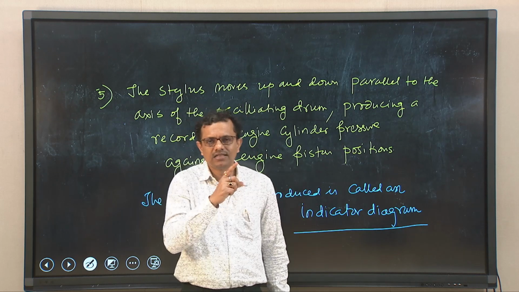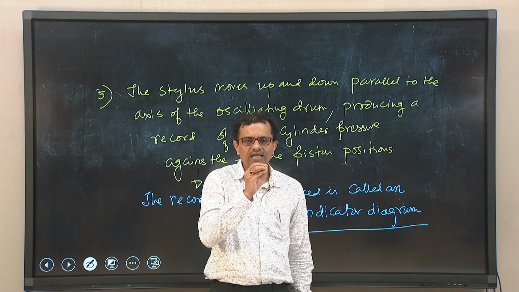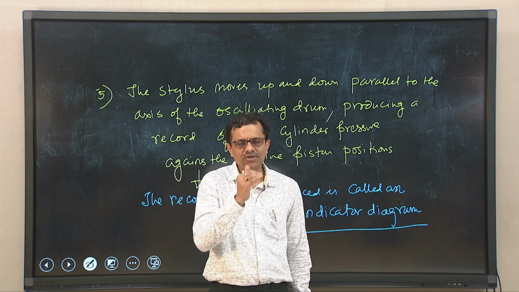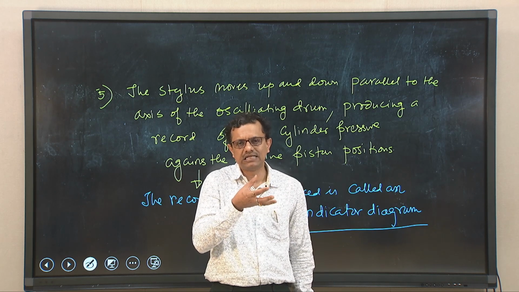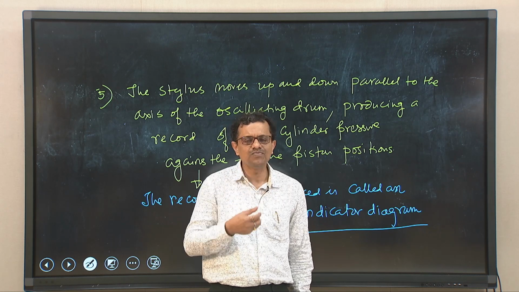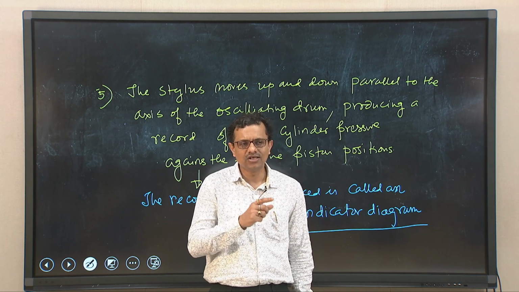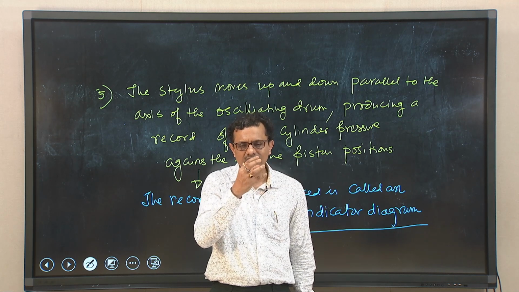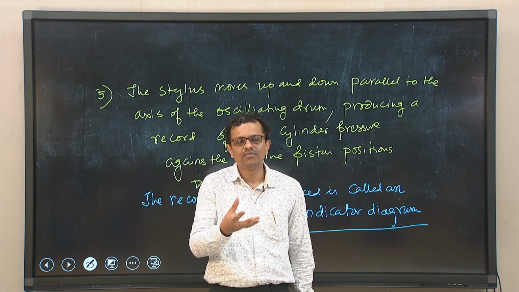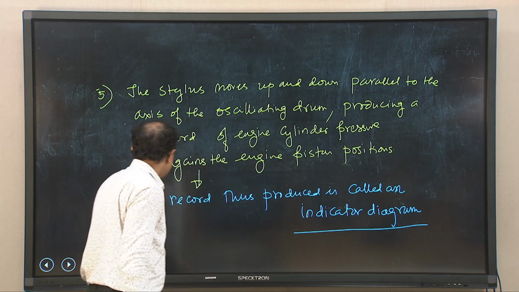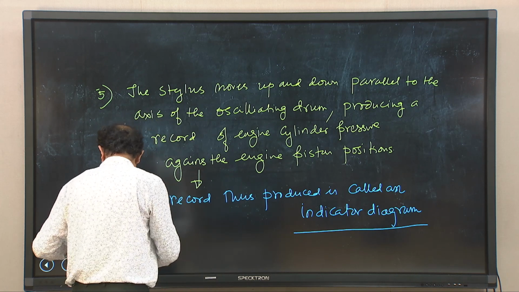On the other hand, a small piston will move inside this small cylinder in tune with the pressure inside the cylinder, and that movement is transmitted to this stylus through the mechanical linkage. So, we will have one record of the cylinder pressure at different strokes, because the small drum is also oscillating with the engine stroke. Okay. So, now we have this indicator diagram.